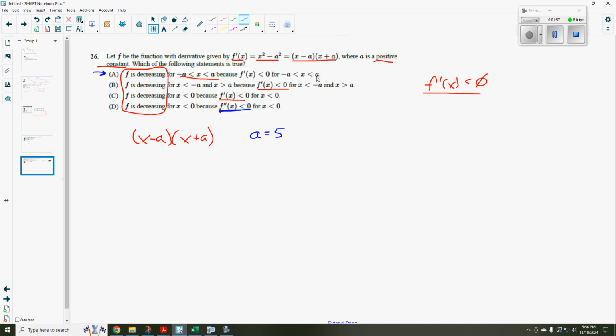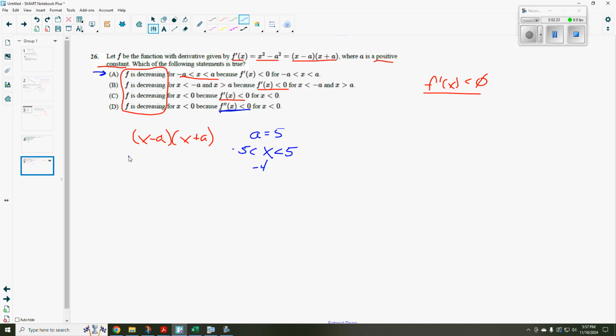So if a is 5, that would mean x is less than 5 but greater than negative 5, so it's between those two numbers. And then I said, let's call x negative 4.